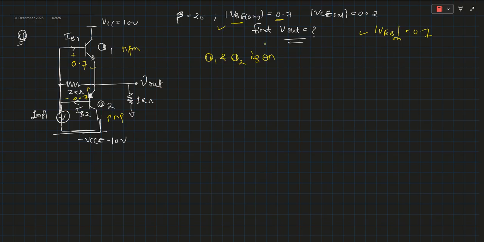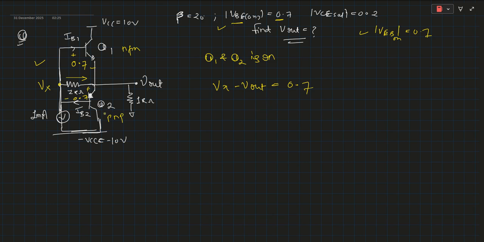This is the condition for the forward active region. On means on region. So this is 0.7 volt, this is 0.7 volt. If we assume this node as Vx and this as Vout, then we have two equations for Vx minus Vout. Going through transistor 1, Vx minus Vout is 0.7 volt, meaning the current will flow from this direction to this direction.